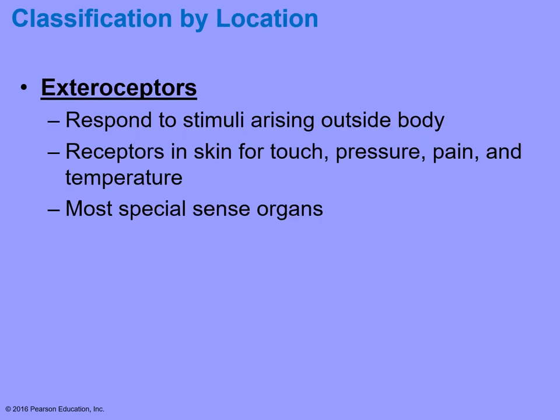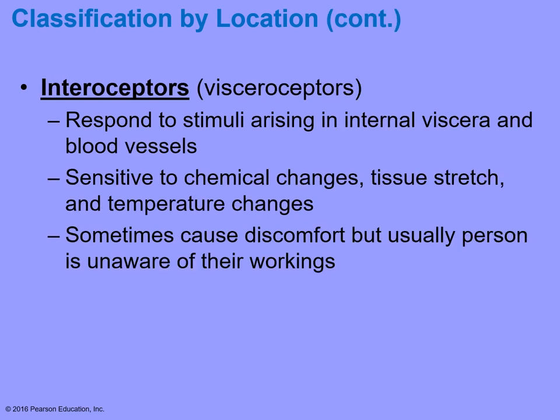Classification by location: exteroceptors respond to some stimulus that's coming from outside the body. Temperature, touch, most of your special senses such as vision, hearing. Interoceptors or visceral receptors are responding to stimuli internally.